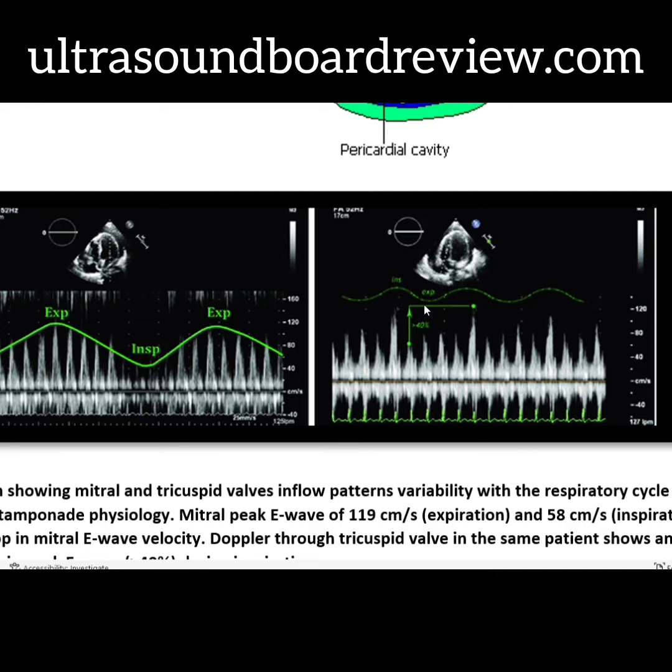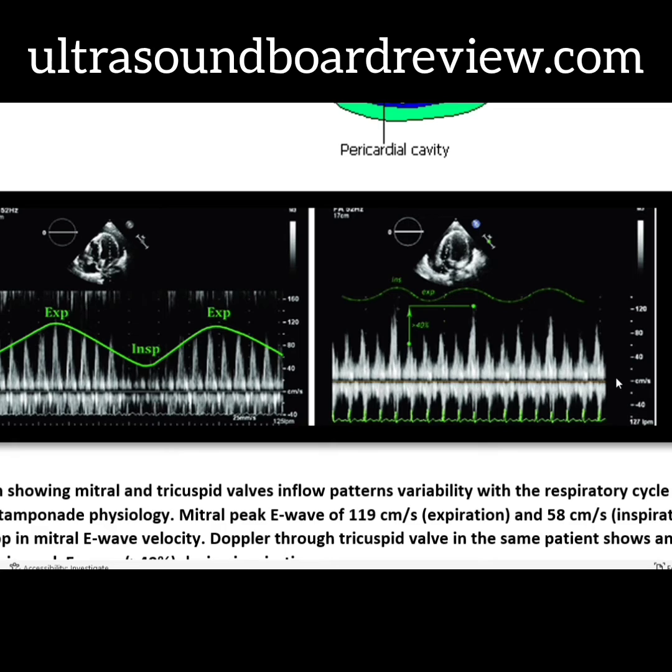So at the end of inspiration, when velocities were the highest, then the patient started to breathe out, which means the blood flow will start to decrease through the tricuspid valve. So you measure that one, and then you will measure the waveform after the patient breathes in.